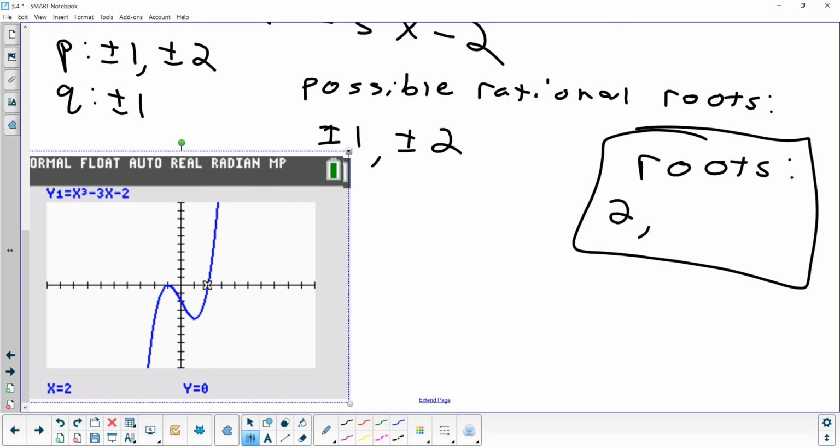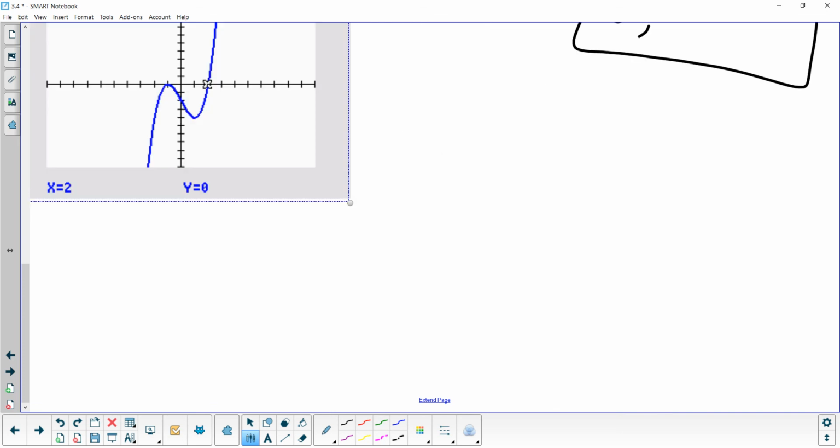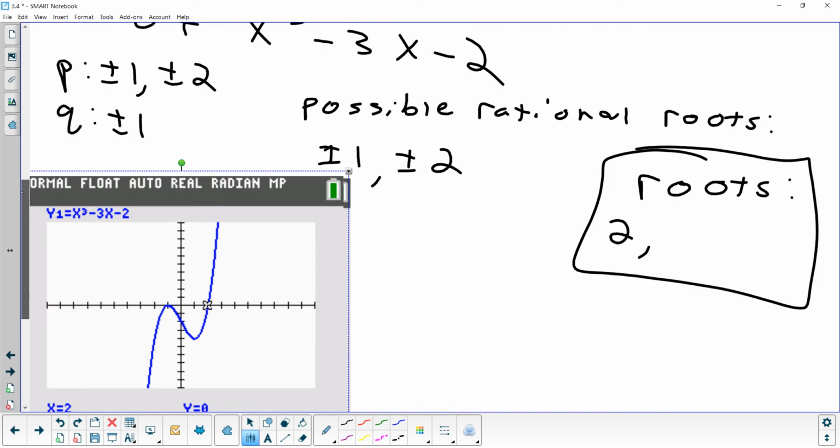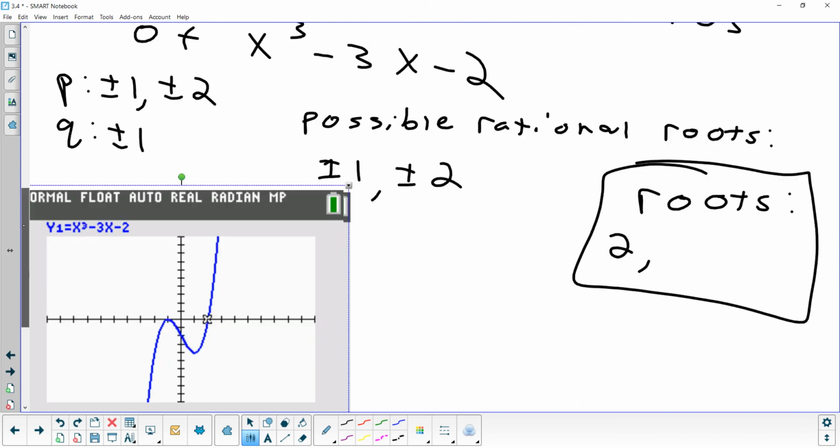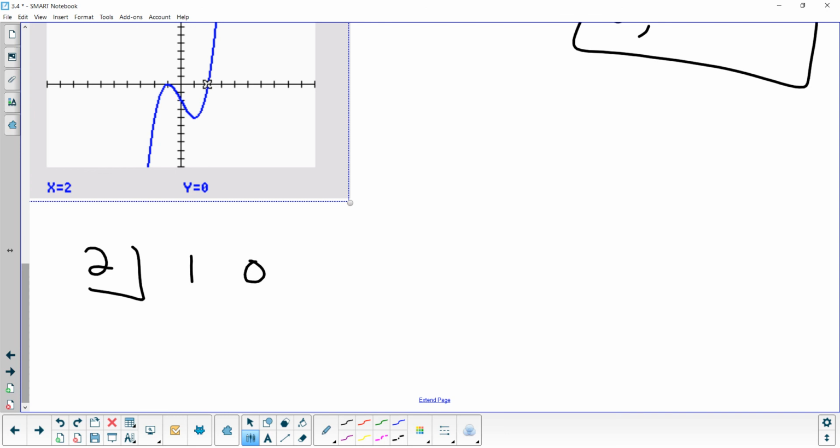We know a root now, so what can I do? Synthetic division. I'm going to divide through by it. I'm going to pull out the factor x minus 2. I know x minus 2 is a factor. Divide through by it, get rid of it, and look at what you have left, and that will be your other answers. So 2, and then we've got 1, 0, negative 3, negative 2.